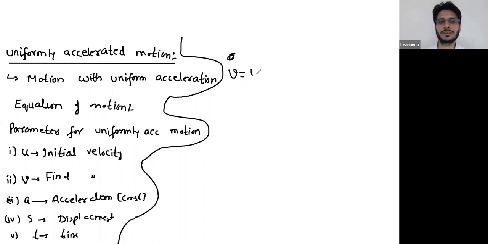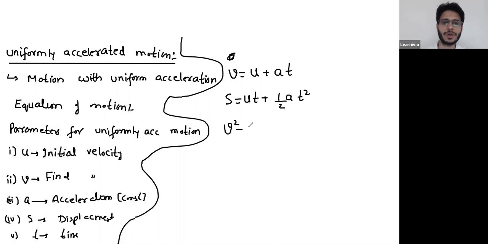The first one is v equals u plus at. The second one is s equals ut plus half at square. This relates velocity, acceleration, and time. The third one is v square minus u square is 2as. There's one more equation, which is dn equals u plus a by 2 into (2n minus 1).